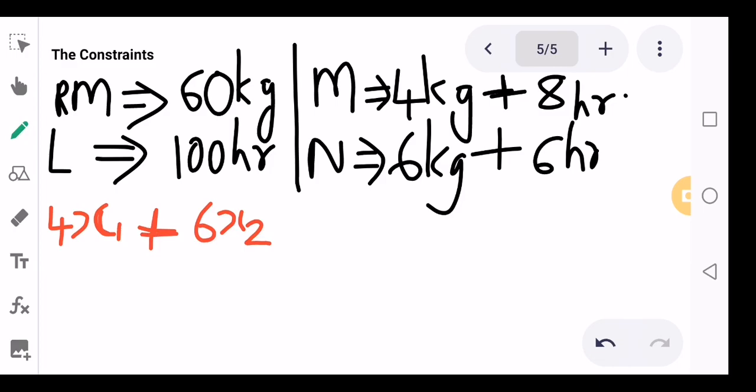Maximum available is 60, so it has to be less than or equal to 60.